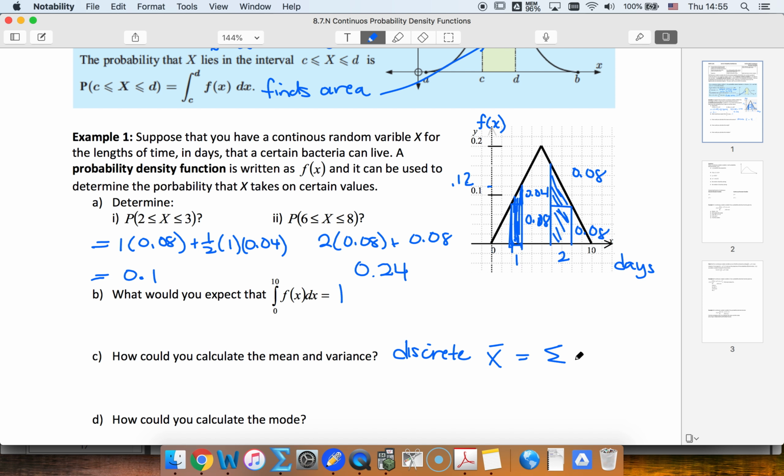So it's the sum of my probabilities of x times x values. Well, for continuous, when I look at area under the curve, it's like I'm summing the whole curve, and my probabilities are given by finding the area.